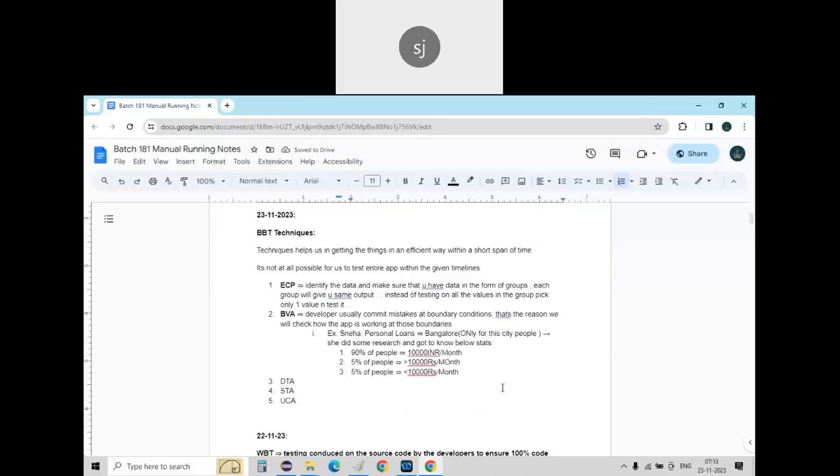So with that, what she has identified is 90% of the people have 10,000 and 5% of the people have more than 10,000.